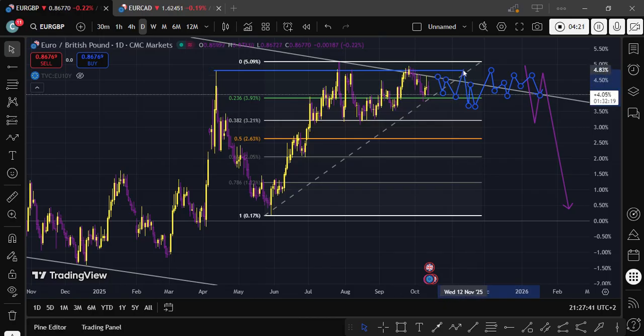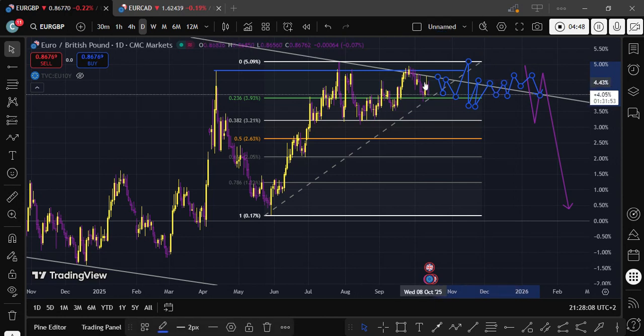Okay, it might get there, but I'm not expecting it to go above the white line that you see here, which is the zero line on the Fibonacci. So I'm not expecting the market to go all the way up there, but even if it does give us a downtrend, it will be sideways.